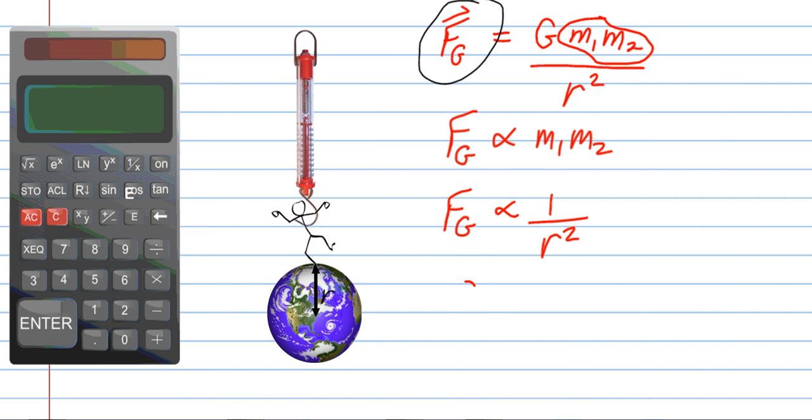Another important feature of this equation is the symbol capital G, which represents a constant, and it is known as the universal gravitation constant. It's a very important number.